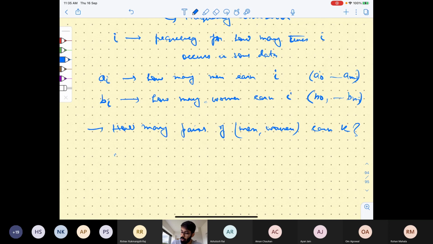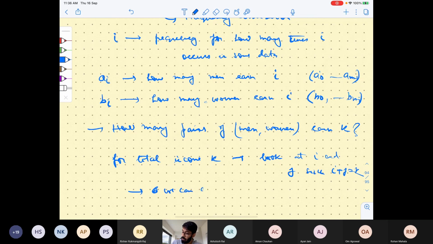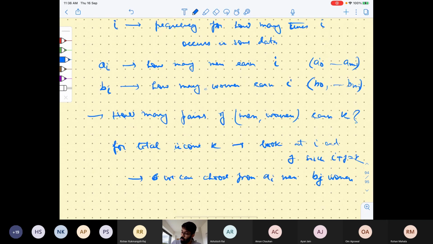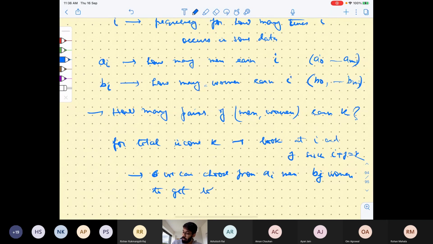So now how do we find that? So for total income K, look at I and J such that I plus J is equal to K, and then we can choose from AI men and BI women, BJ women to get total income K, right?